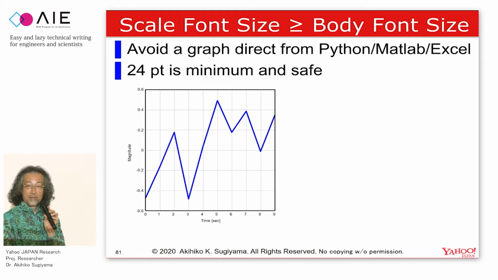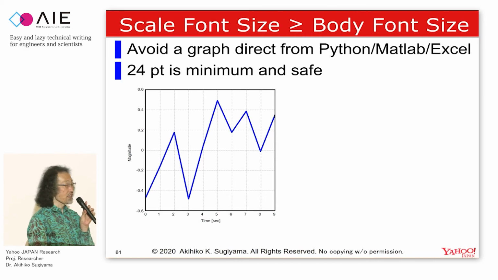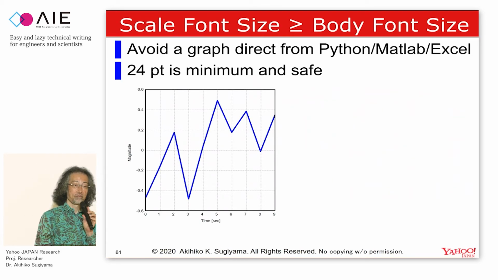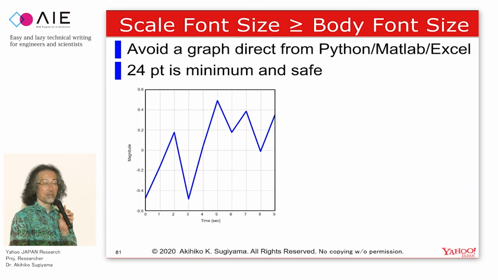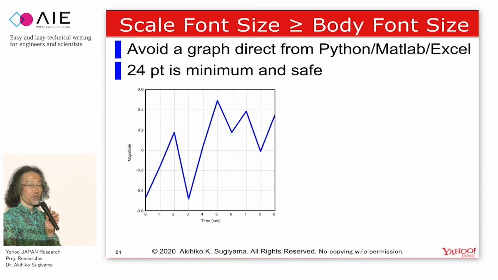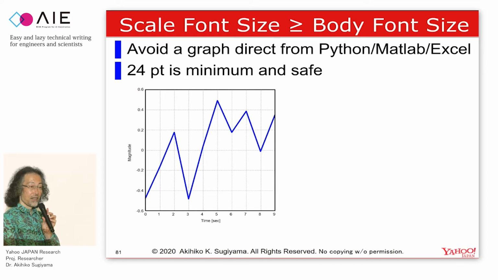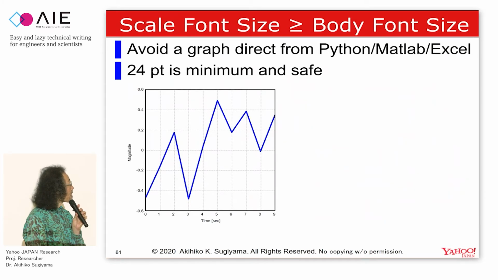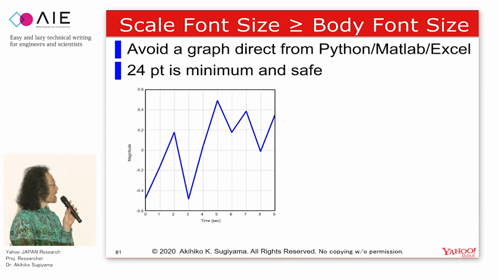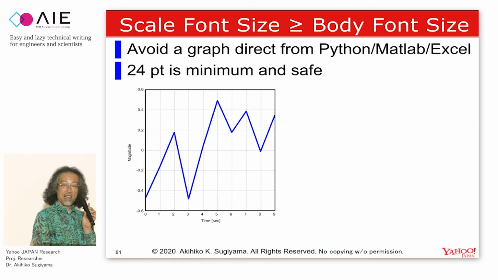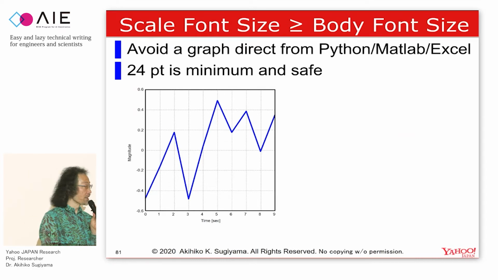Font size of a figure should be equal to or larger than the font size used in the body. Otherwise, it's not visible. It's quite a common mistake to use much smaller font size so that it's not visible. If it's not visible, it means it doesn't exist. 24 point, again, is a minimum size and recommended.